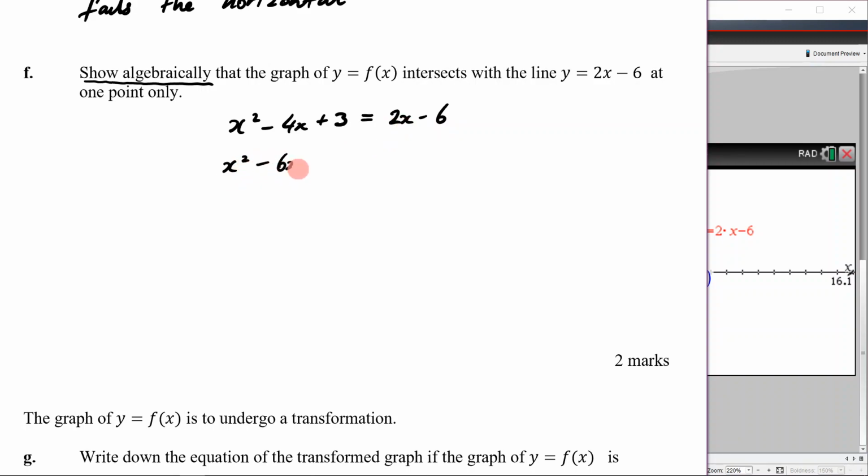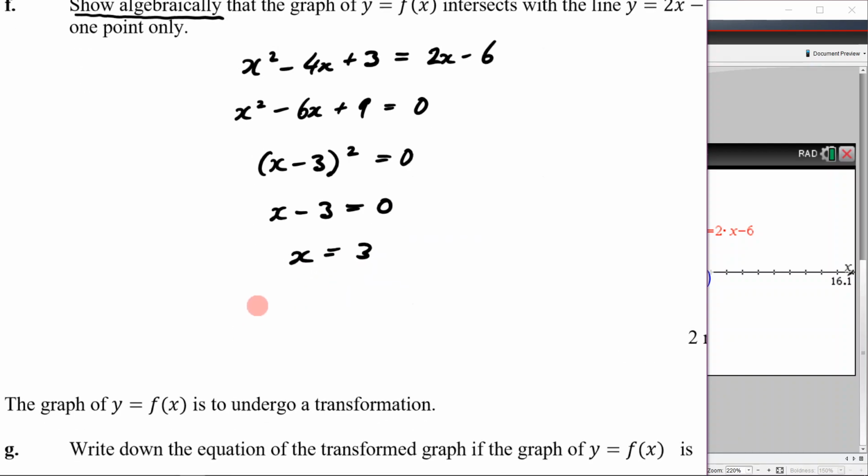It's going to be minus 6x, and let's plus 6 to both sides, plus 9. This creates a perfect square, so it's going to be x minus 3 squared is equal to 0. And then remember, we're solving for x, so the next thing I would do is square root both sides, which is going to leave me with x minus 3 is equal to 0, because the square root of 0 is just 0, and then x is equal to 3.